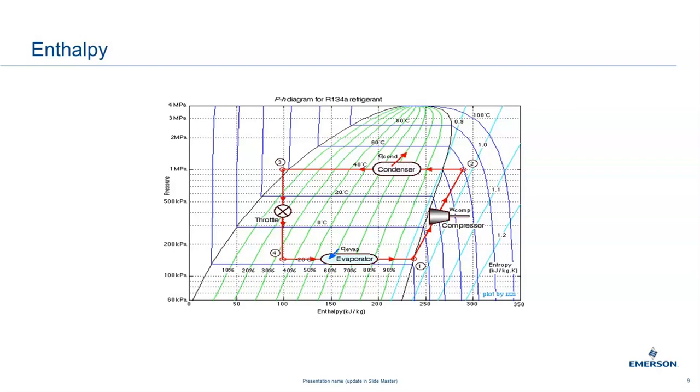Over here, when you see this line going up on this enthalpy chart, all it's really telling you is this is what's happening to the compressor. On the left-hand side is your pressure, on the bottom is your temperature. When it comes across here, it's referring to the condenser.